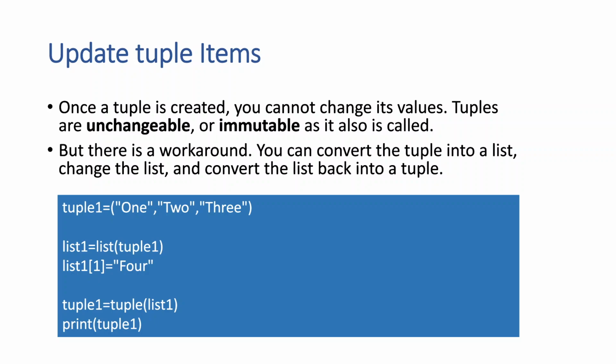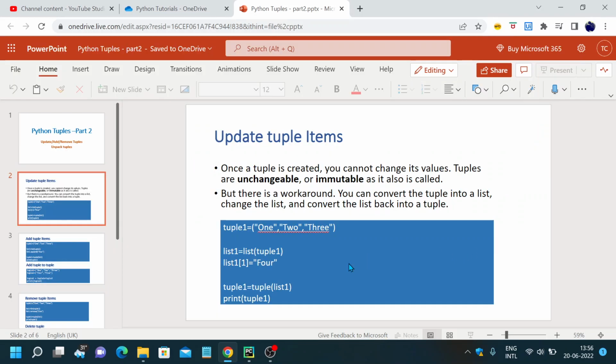There is a workaround: you cannot directly update a tuple, but if you are put in a situation where you have to update a tuple, you can convert it into a list, which is a different data type, and then make the update, addition or removal operations in the list, and then convert it back to a tuple. That's the workaround we have for tuples. So let's see an example.